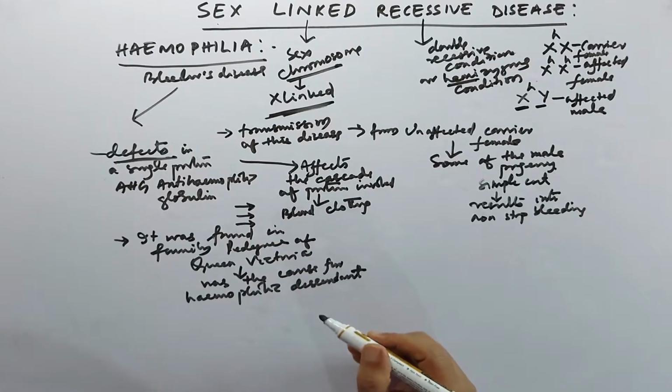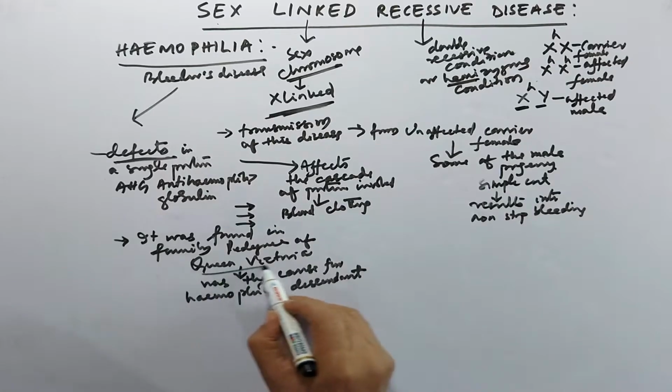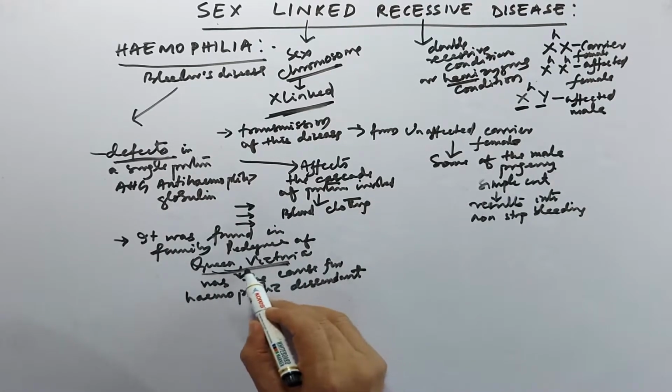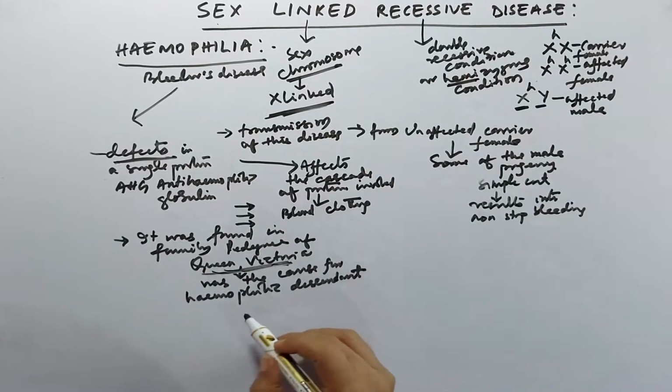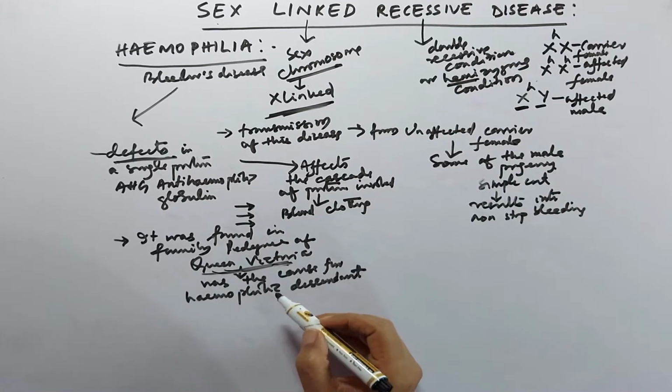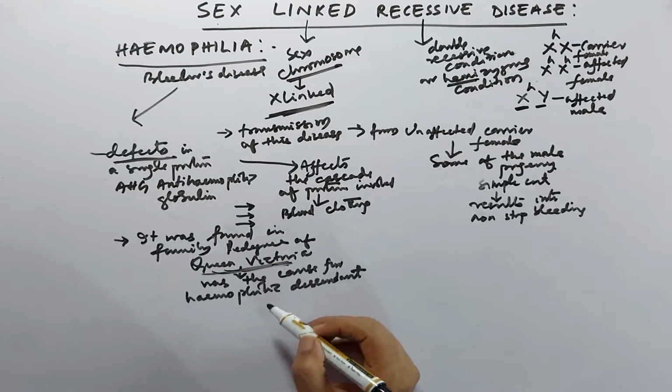So in this way, Queen Victoria was the cause, and many descendants became hemophilic.